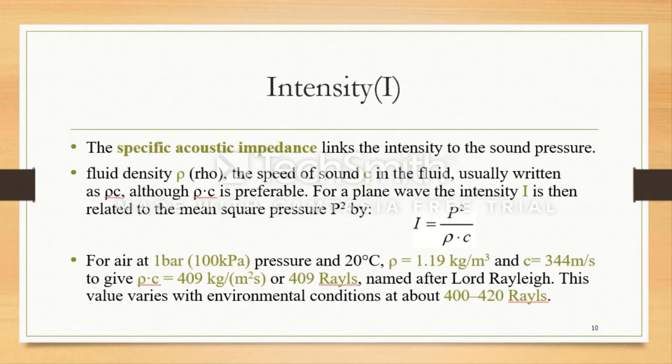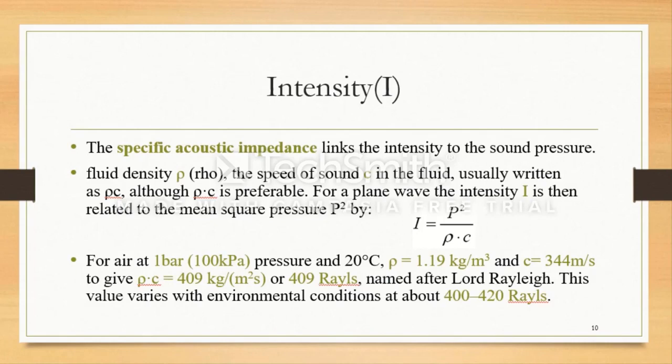For air at 1 bar, which equals 100 kilopascal pressure, and a temperature of 20 centigrade, the fluid density is 1.19 kilogram per cubic meter and the speed of sound is 344 meters per second.